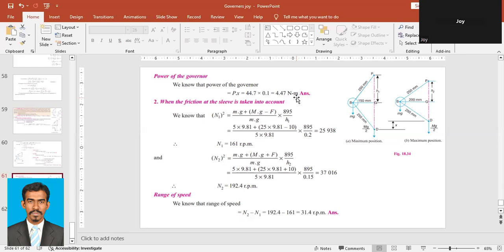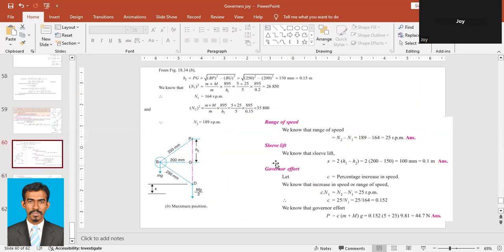If you end up with the unit Newton only, that is not power, that is force, so you need to recheck if you have missed something. If it is governor effort, you should get the unit Newton, because effort is force. If you have Newton meter there, then there is something wrong, and you need to recheck.